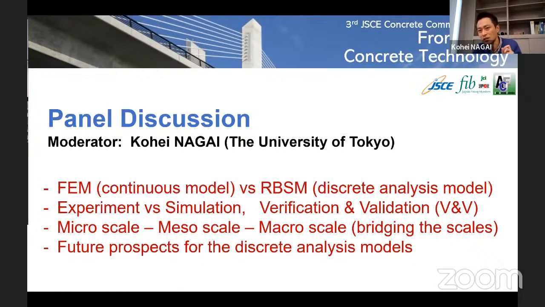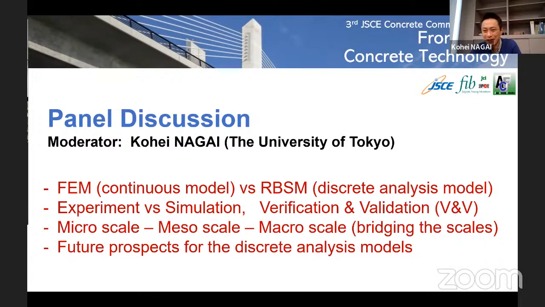Multi-scale is a kind of keyword maybe 10 or 20 years ago. But many people, not only in civil but also mechanical engineering and other fields, say that by integrating the phenomena from the micro scale, we can go up the scale. How is the situation now in this field, meaning the discrete analysis model?